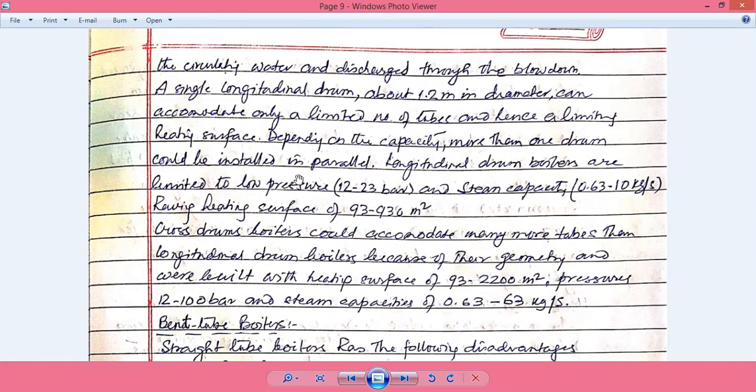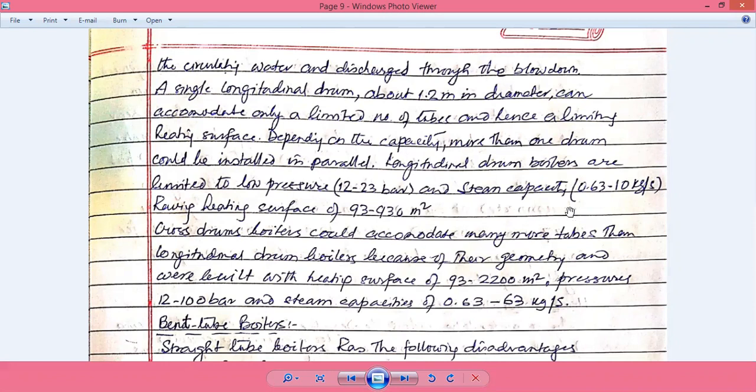Depending on the capacity itself, more than one drum can be installed in parallel, and the water and vapor mixture goes from one drum to another. Those are located in parallel itself. Both are being supplied the water and vapor mixture, and both supply the vapor and a certain amount of water outside itself.